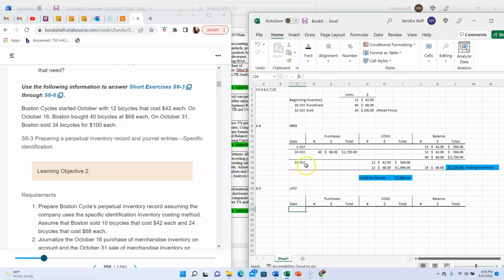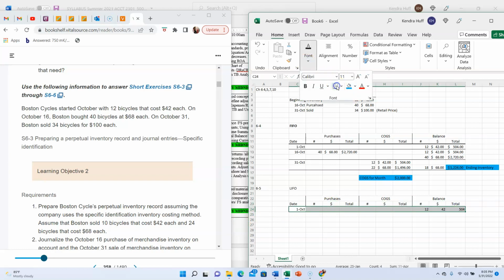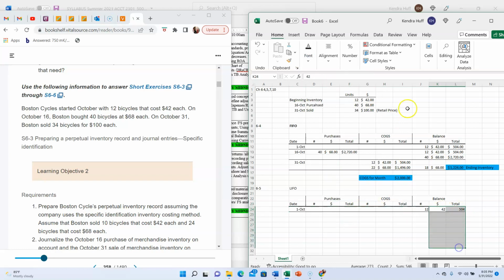Okay, so it starts off the same, October 1st. It's 12 at 42, 504. It's the beginning inventory. And then draw a line underneath it. I'll go ahead and make all these dollars. Alright, then October 16th.